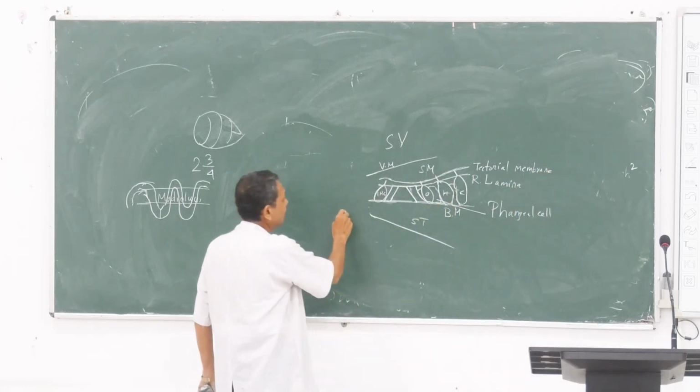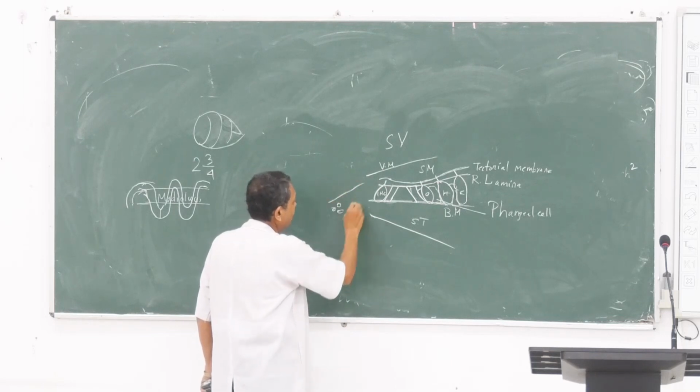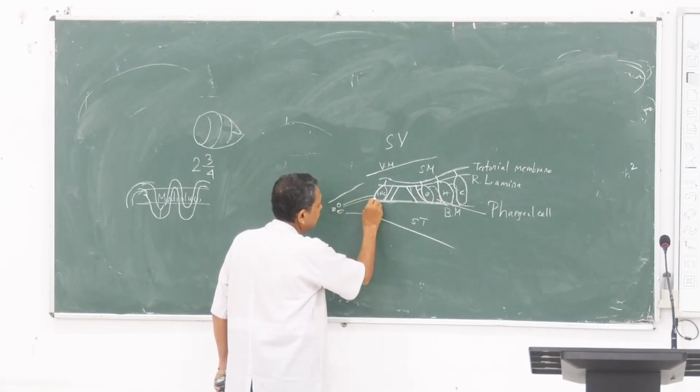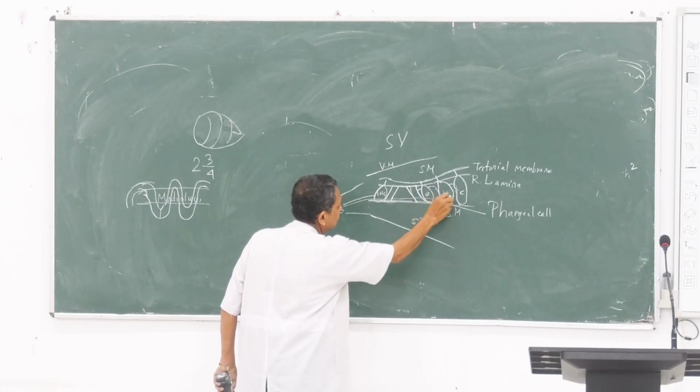And from the bony modiolus, the afferent fibers go to the inner hair cells, and to some extent the outer hair cells.